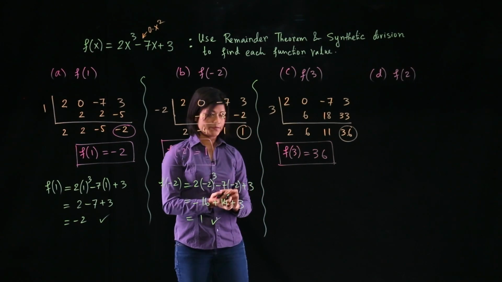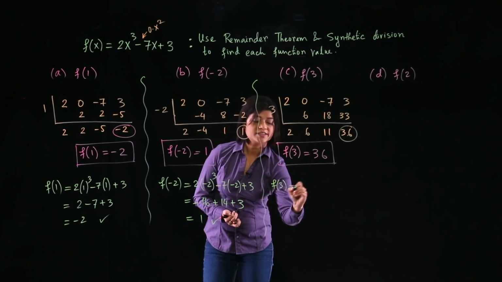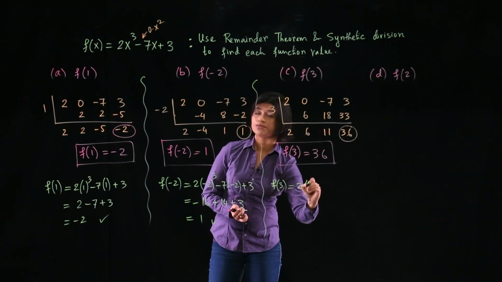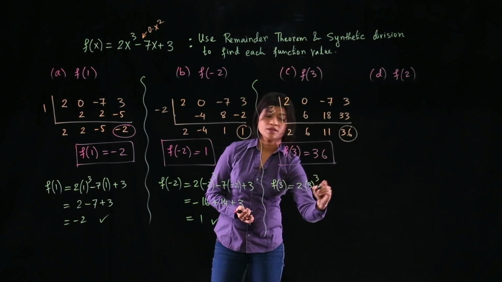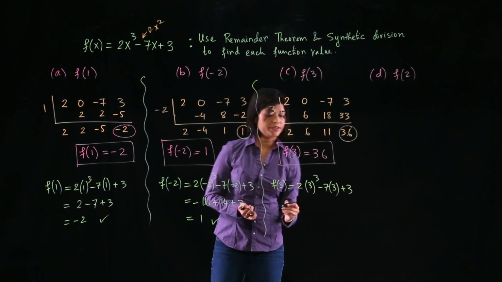Let's verify again. Plug in 3 in the expression for the function, which is 2 times 3 cubed minus 7 times 3 plus 3.